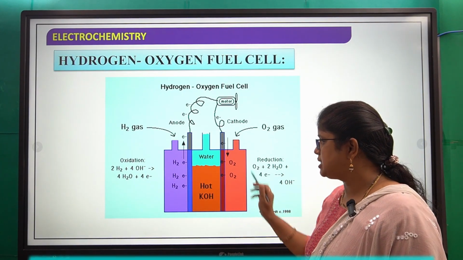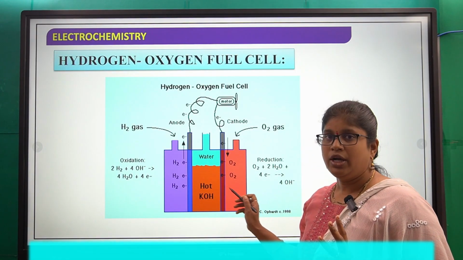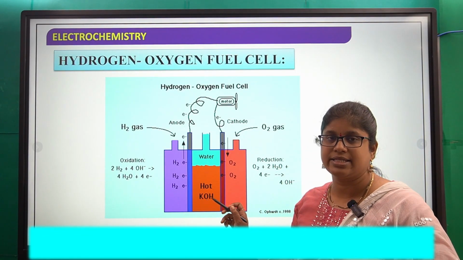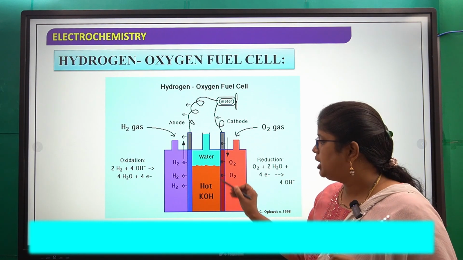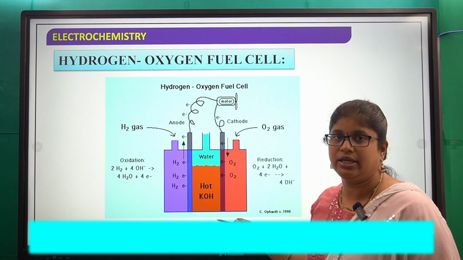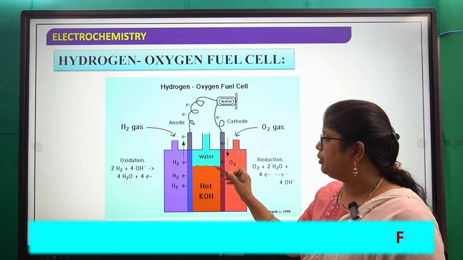This fuel cell contains 3 compartments. In the first and third compartments, we are taking the gases hydrogen and oxygen. In the middle compartment, we are taking hot potassium hydroxide, and above that, water.